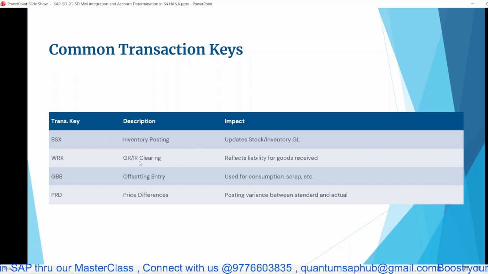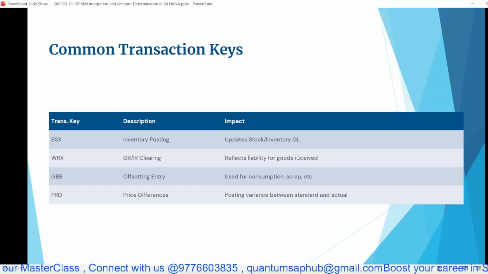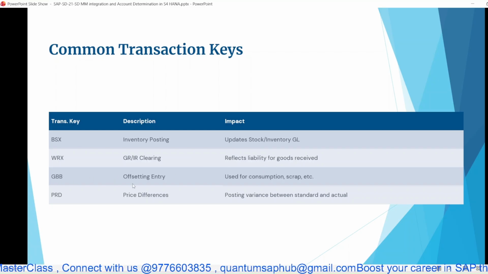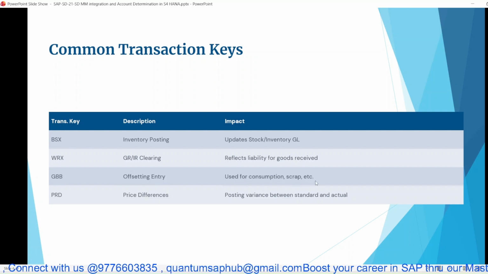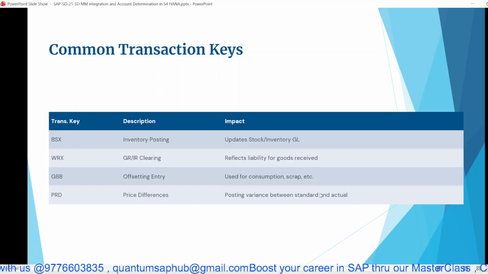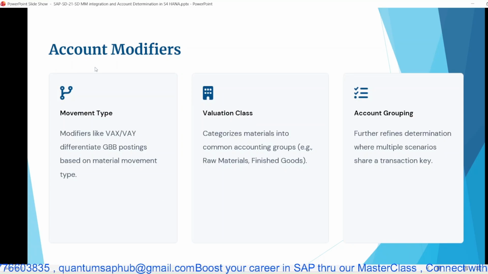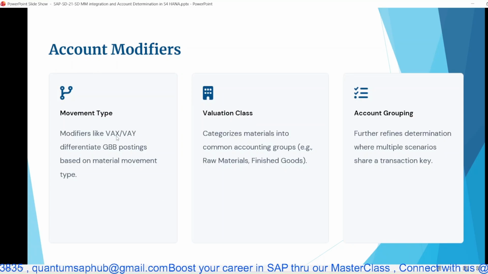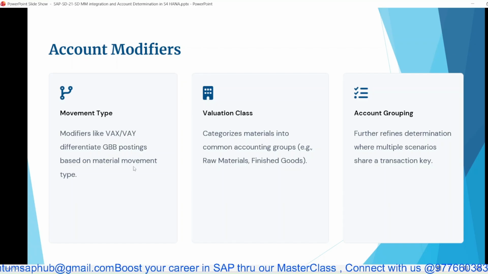BSX is used for inventory posting, it updates the stock or inventory GL. WRX is for GR/IR clearing, which reflects the liability for the goods received. GBB is the offsetting entry used for consumption, scrap, or initial stock posting as well. PRD is price difference posting, which varies between standard and actual. Account modifiers, movement type modifiers like VAX, VAY, differentiate GBB posting between movement types.